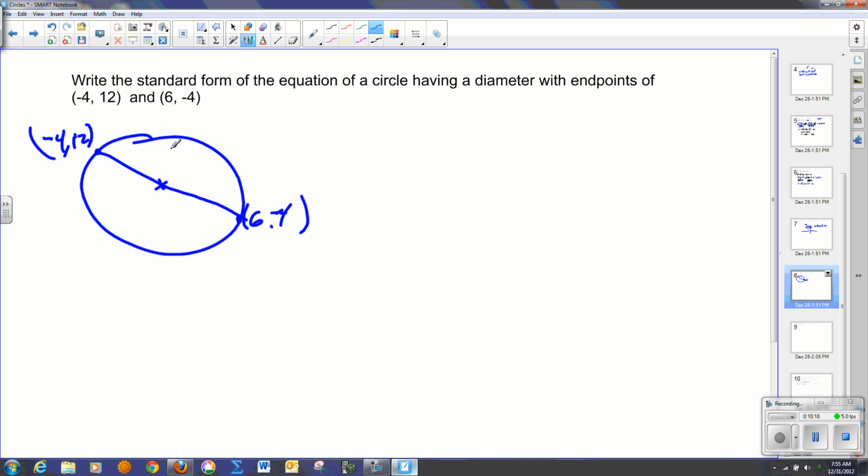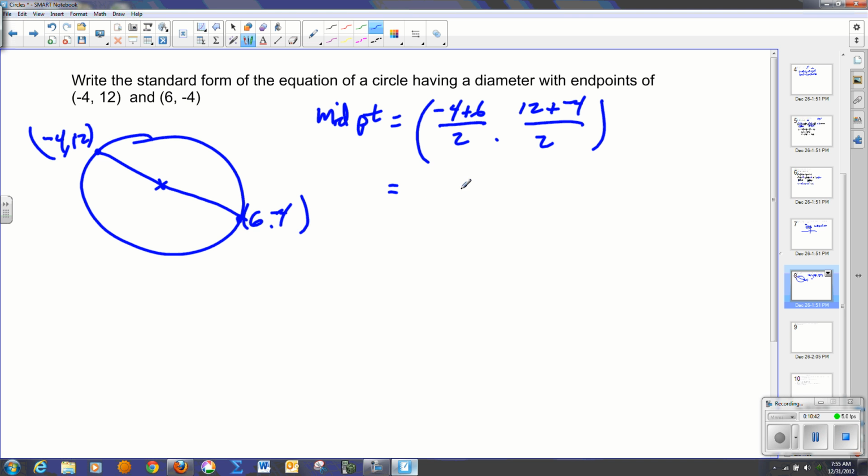So in other words, I need to find a midpoint. So the midpoint is just going to be the average of the x's and the average of the y's. So I've got -4 plus 6 over 2 and 12 plus -4 over 2, which gets me 1 and 4.